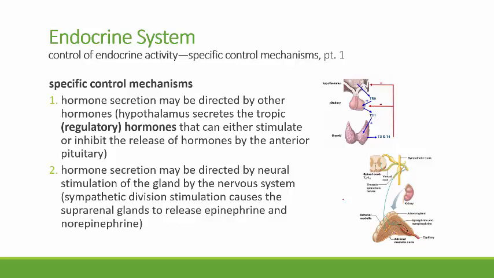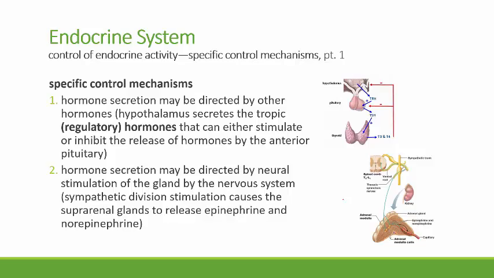A tropic hormone is one that has an effect of causing the release of another hormone. And so the tropic or regulatory hormones of the hypothalamus are very important in stimulating or inhibiting, because we have inhibiting and releasing hormones that are produced at the hypothalamus, and they cause other hormones to be released.